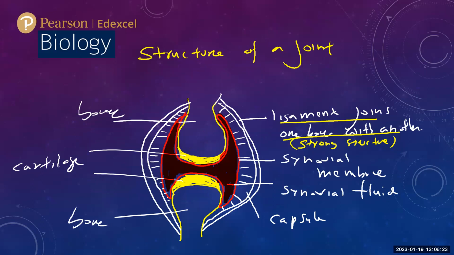And the synovial membrane helps to keep the synovial fluid. It makes a small compartment, a place, so the synovial fluid can fill the space.